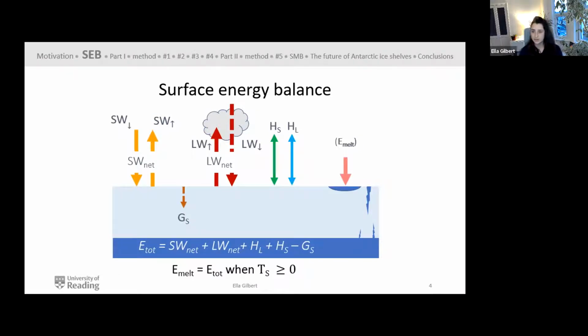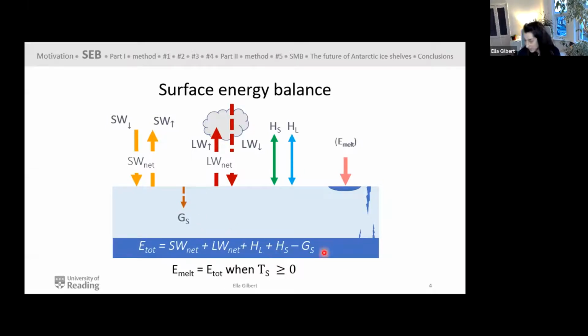So to understand the sort of atmospheric drivers of that, I've used the surface energy balance. And this is essentially the total balance of energy that's received at the surface of the ice shelf. And it's quite a simple equation composed of the surface shortwave radiation component, so the solar radiation, longwave components, so terrestrial, the turbulent heat fluxes of sensible and latent heat, and then we've got this very small term, ground heat flux, usually 1 or 2 watts per square meter.